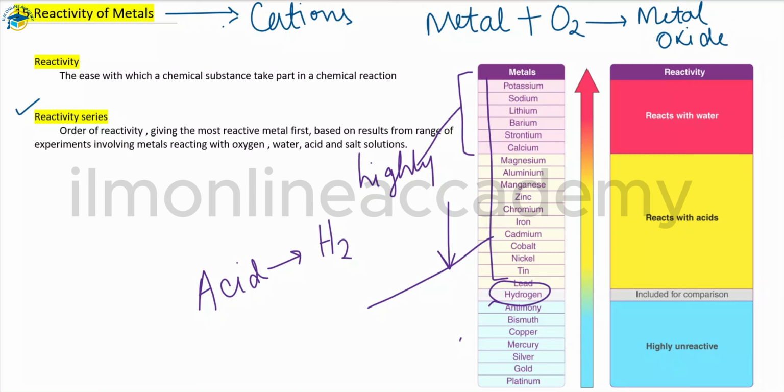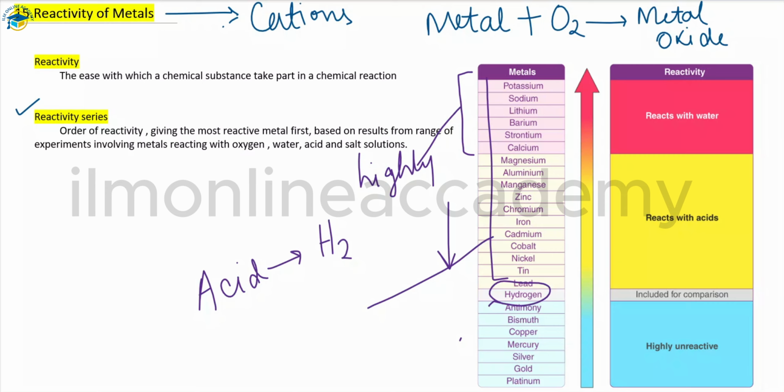So for doing experiments in the presence of dilute acids, you can use hydrogen for telling the reactivity series of the different elements. The elements present above hydrogen in our reactivity series are highly reactive, and they can liberate hydrogen gas when they react with dilute acid like sulfuric acid or hydrochloric acid.